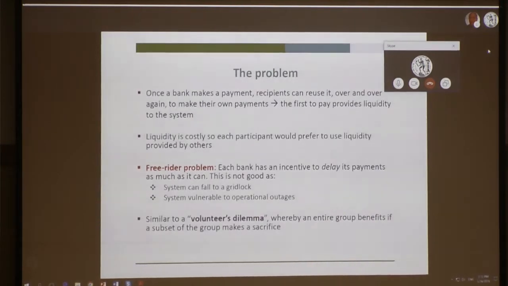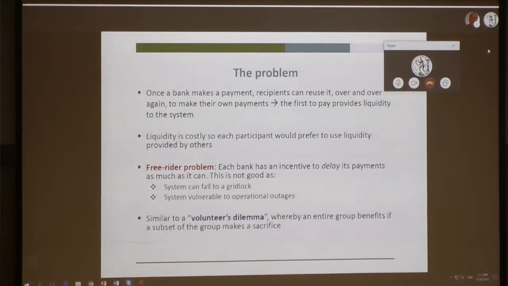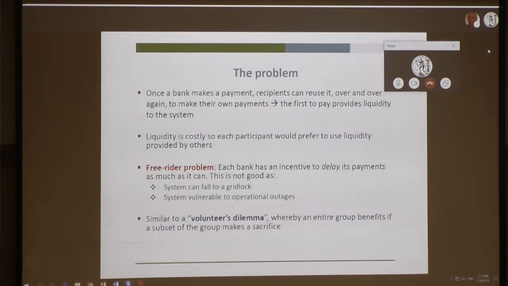It's providing a service to this system, because it's committing some of its own liquidity, which is costly, and it enables other banks to make payments while the other banks don't have to use any of their own liquidity. So that's what in economics we call a free rider problem.